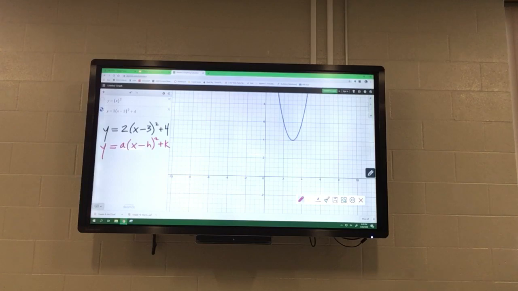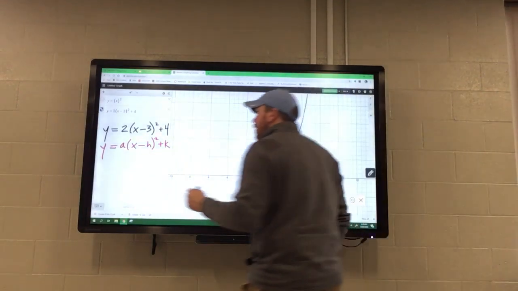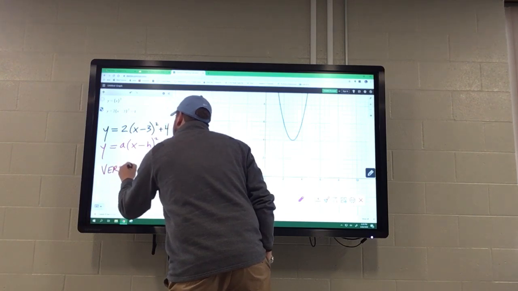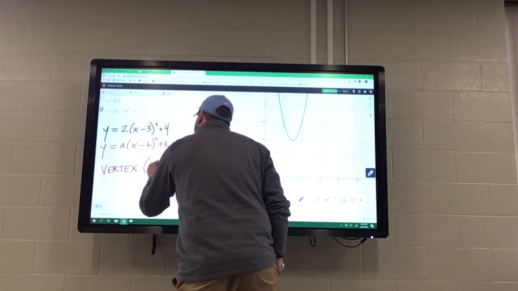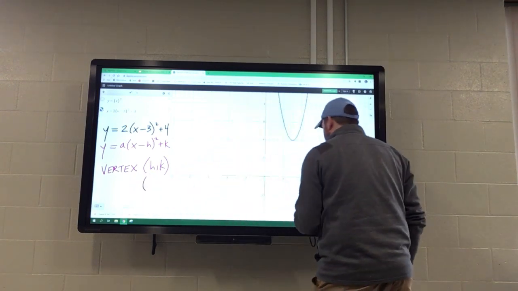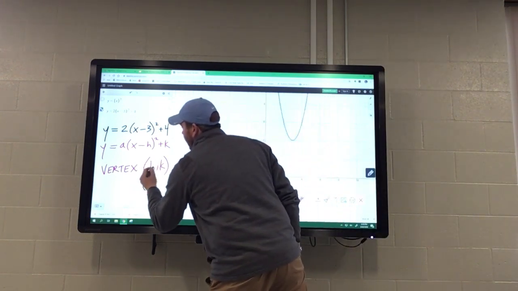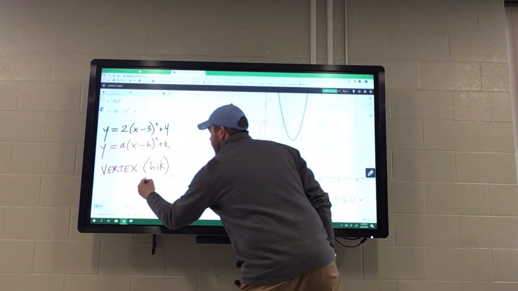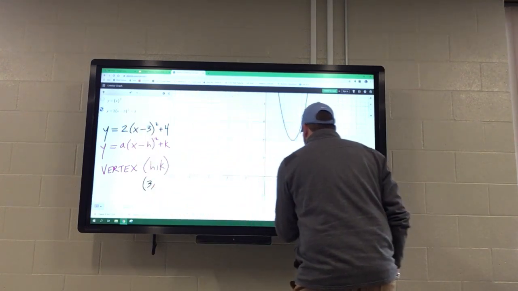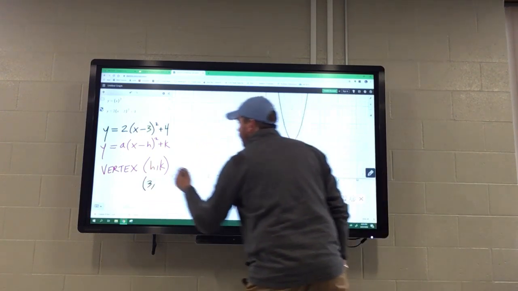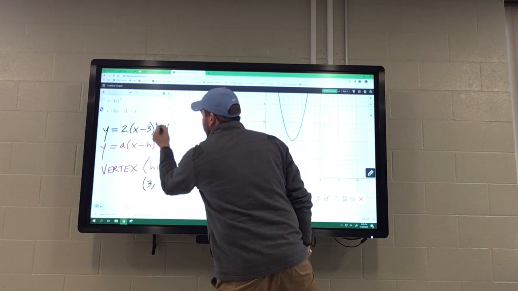So we can pick out some very important information. Like we just wrote down in our notes, we know that the vertex is at h, k, or in the case of this function, my h value would be 3, and my k value would be 4.